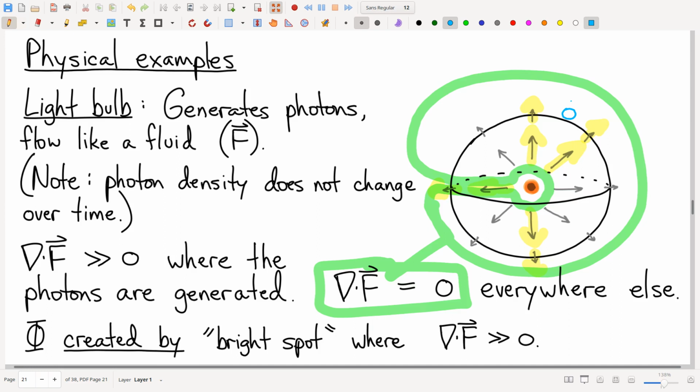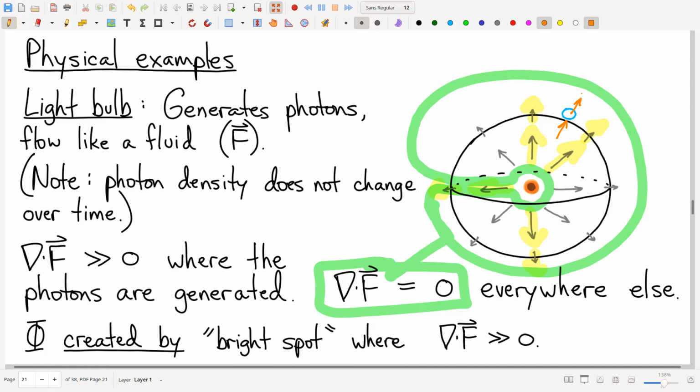But the thing about it is, every single photon that shoots in also shoots out. So the inward flux on the bright side and the outward flux on the dark side, they match up. They're exact opposites of each other. Grand total, the flux is 0. That actually kind of makes sense. The divergence should be 0 because all the fluxes around here are 0. Does that make sense?